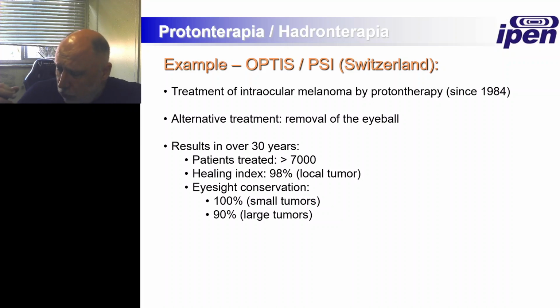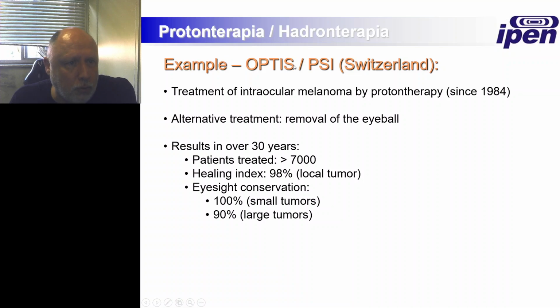Let's get to see how good it can be. I have some examples. Some years ago we had the guy who ran Optis in the Paul Scherrer Institute in Switzerland come here, and he gave us a nice speech, and I took some things from his speech.